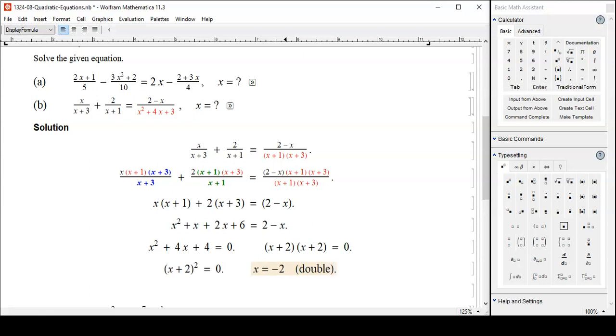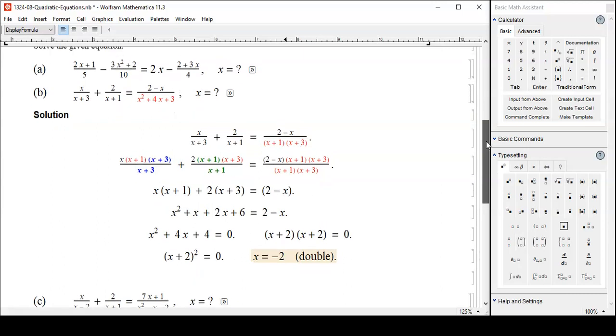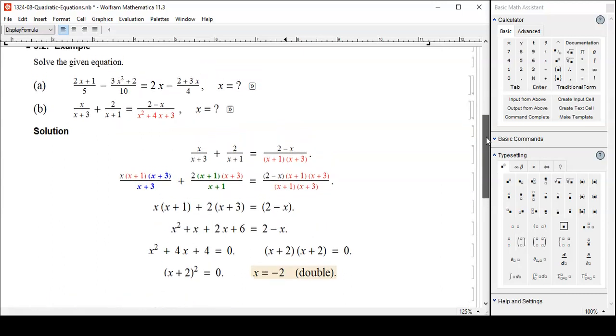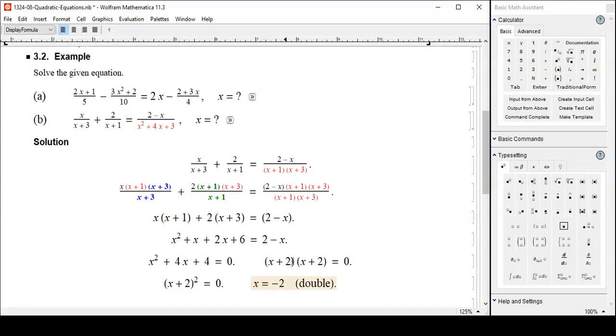We have only one solution because we ended up with just one factor squared. Okay, in general, we have to have two solutions because we're going to end up with a quadratic equation. But these two solutions, first factor, second factor, collided, and we ended up with a double root like this.